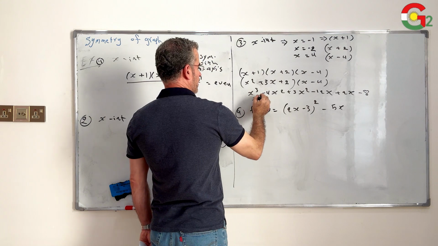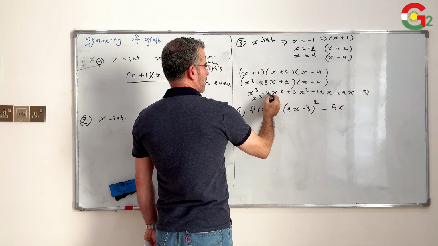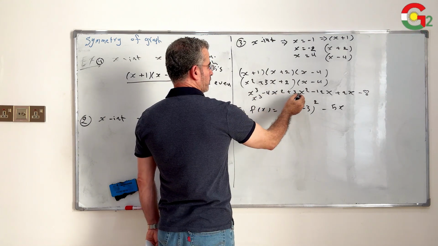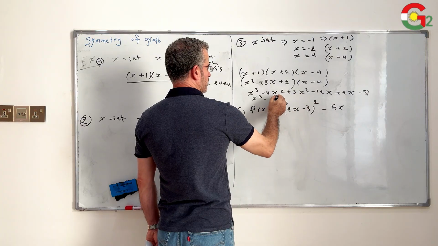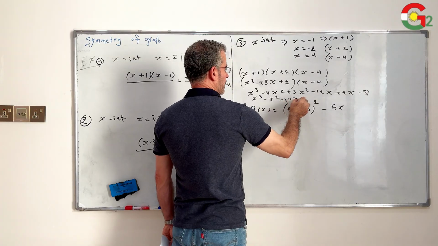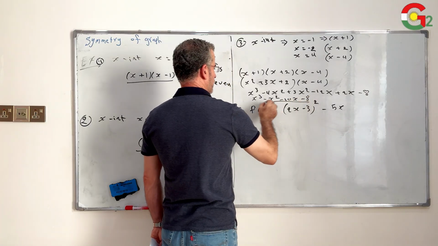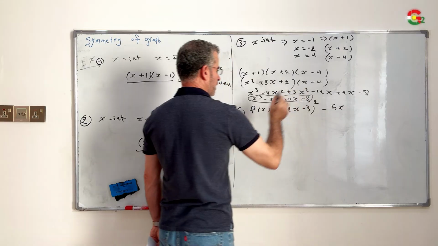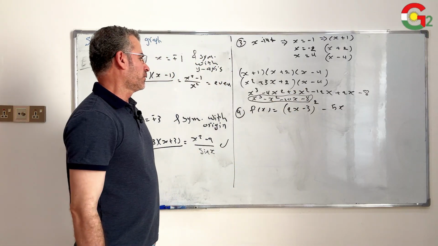Simplify: x power 3, minus x power 2, minus 10x, plus 8. This is our function.